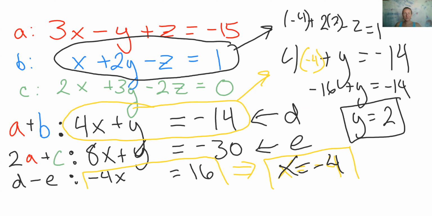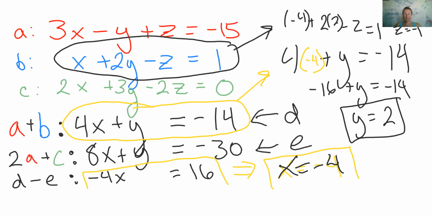Okay, so now we've got -4 plus 4 minus z equals 1. Well, that's 0 minus z equals 1. So if negative z equals 1, then we know z is -1.